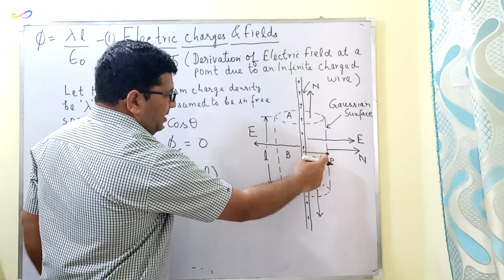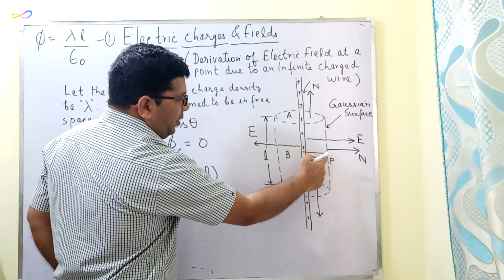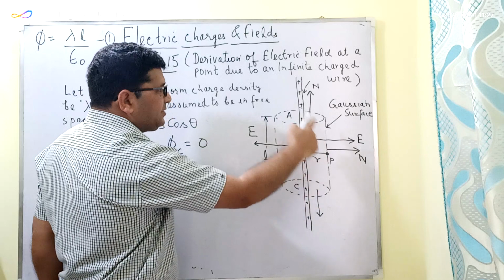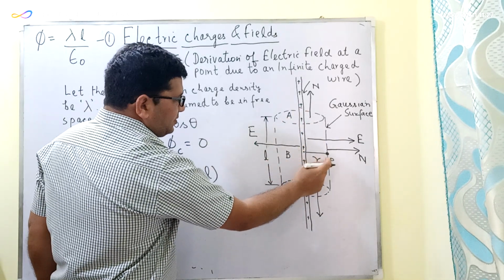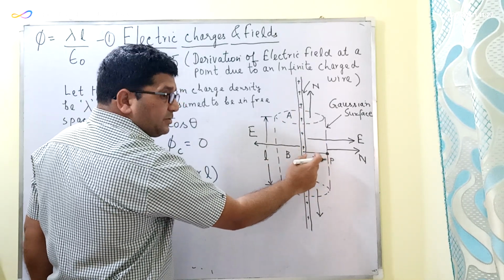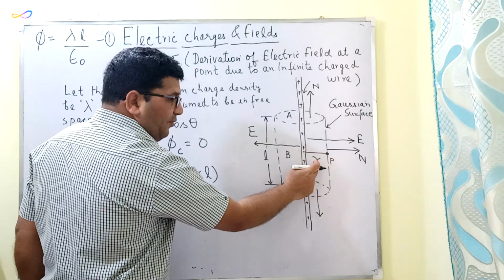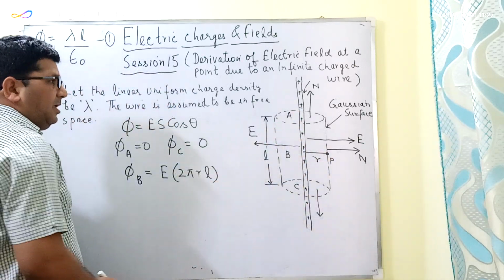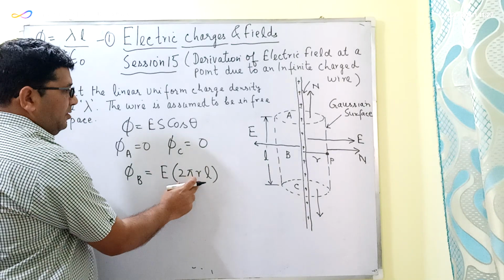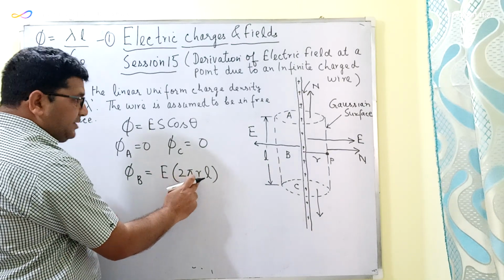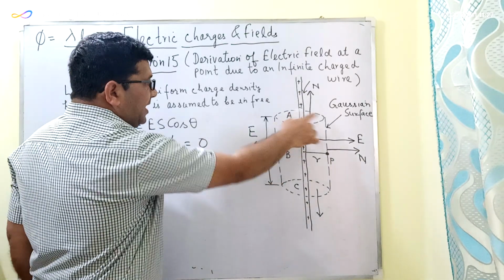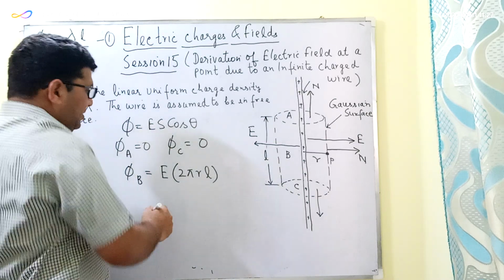And because this point P is also enclosed by this cylindrical Gaussian surface, this point P is situated at a distance of r from this charged wire, and this r is also the radius of this cylindrical Gaussian surface.